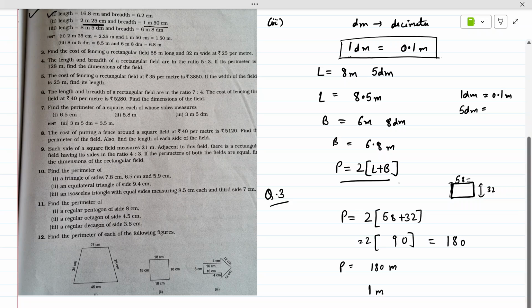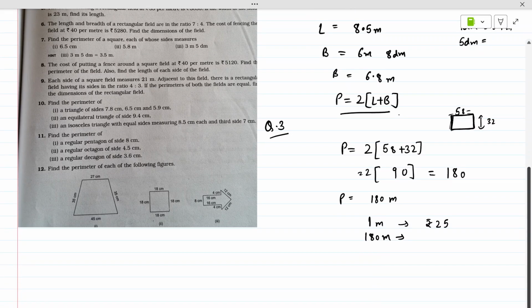So for 1 meter, the rate is given to us as rupees 25. We have to find it for 180 meters. So what we are going to do? Multiply. Okay. So the cost of fencing field will be product of these two, 25 multiplied by 180.